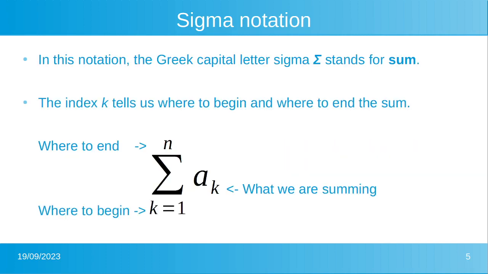In this notation, the Greek capital letter sigma stands for sum. The index k tells us where to begin and where to end the sum. If we have a look at this sigma notation at the bottom of the screen, the symbols below the Greek capital letter sigma tell us where to begin our sum: k is equal to 1.